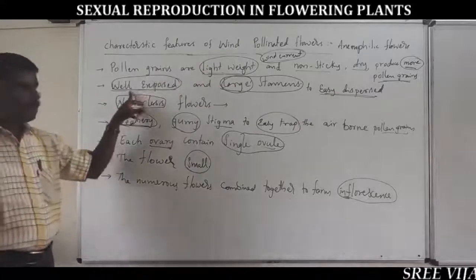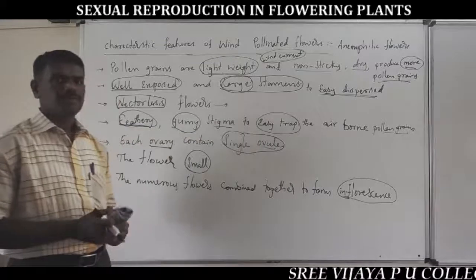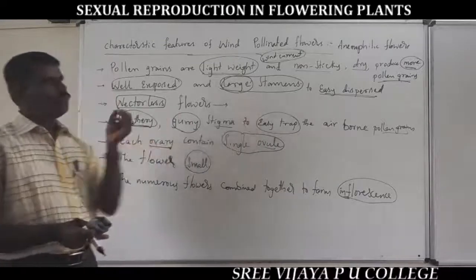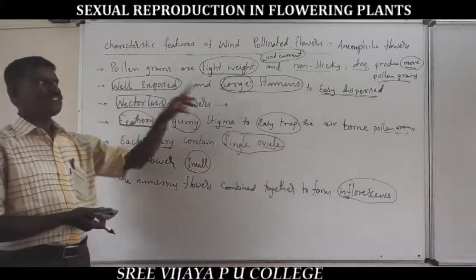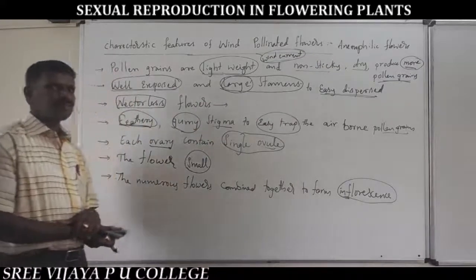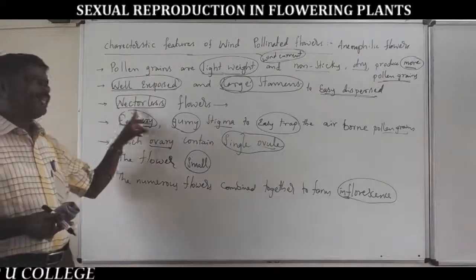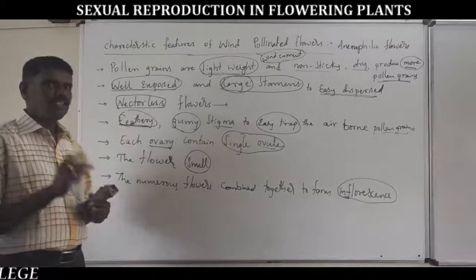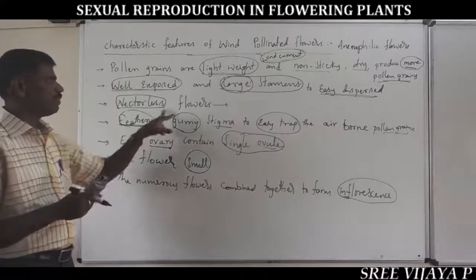Secondly, those smaller flowers consist of large stamens, that is well exposed stamens. Those flowers are nectarless, meaning nectar is absent; the sweet fluid is absent in such flowers.